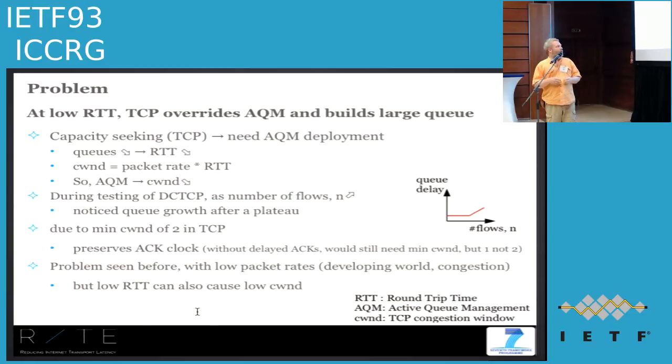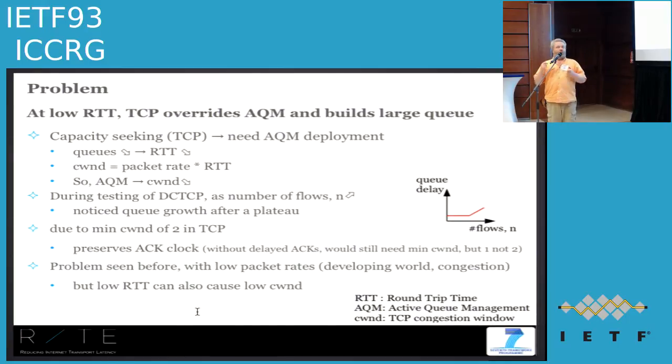And this is because of the minimum window in TCP we discovered after working out what the hell was going on. Because in the code, when it divides by 2, if it's less than 2, it then rounds it back up to 2 MSS.